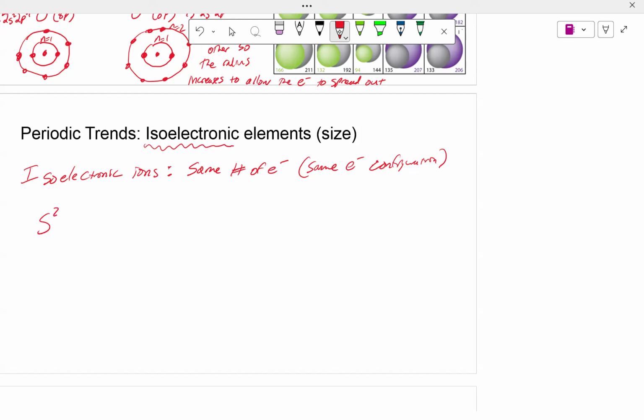Let's compare sulfur -2 with chlorine -1, potassium +1, and calcium +2. These are all isoelectronic to argon. Sulfur has 16 protons, chlorine has 17 protons, potassium 19 protons, calcium 20 protons.